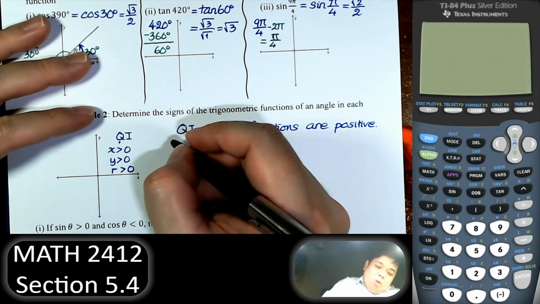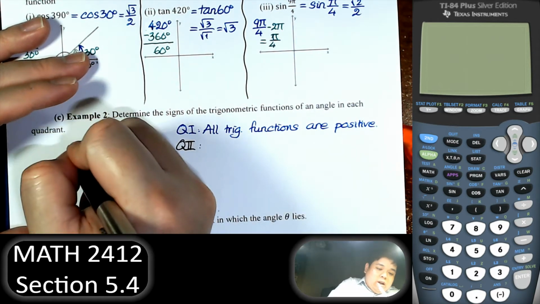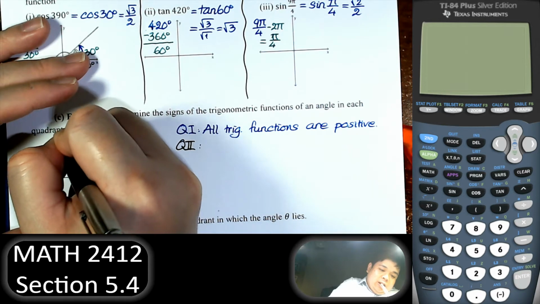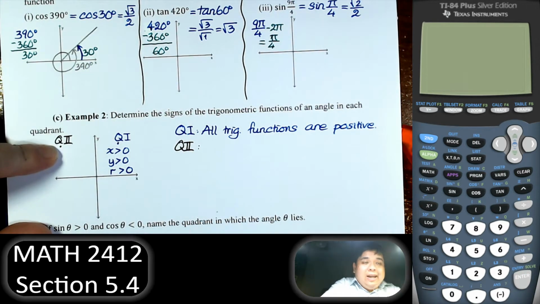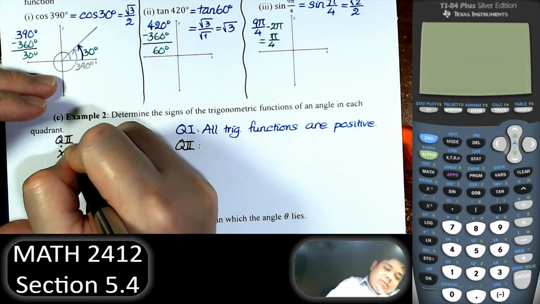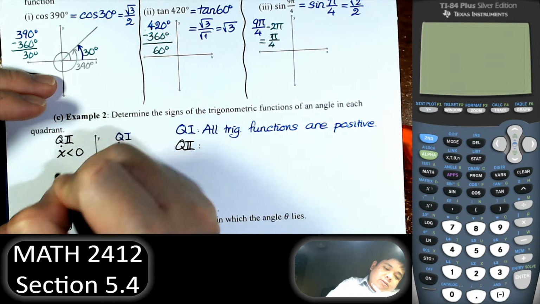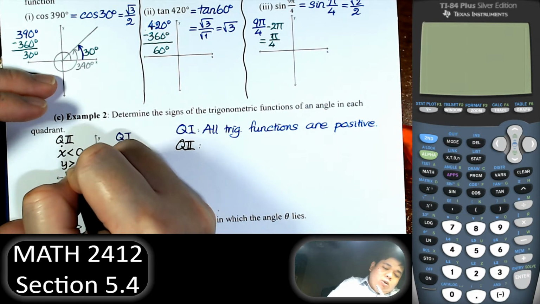Next, in quadrant 2. Let's see a point here. In quadrant 2, x is negative, right? On this side, x will be negative. Y will be positive, and r is always positive.